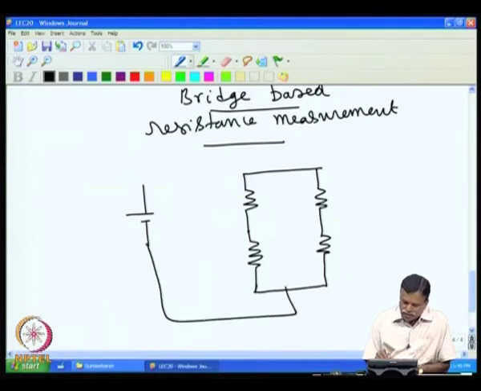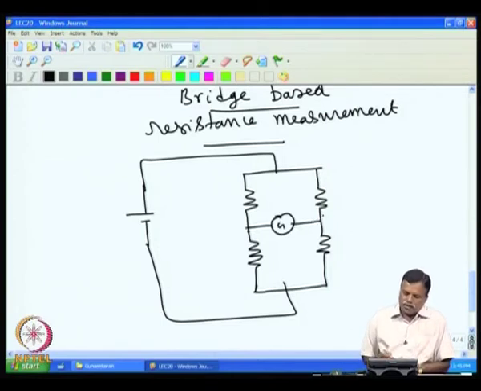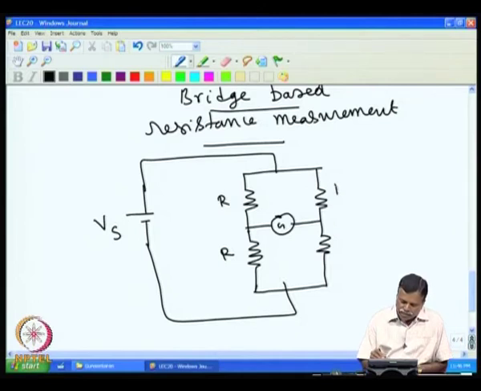You connect this, connect the excitation, and then connect your galvanometer or detector here. Now, the whole idea is that if I have the resistances here R and R equal, with this V supply and the galvanometer, then we have a resistance here R, and this is the unknown resistance.